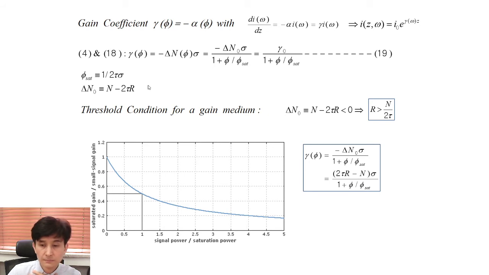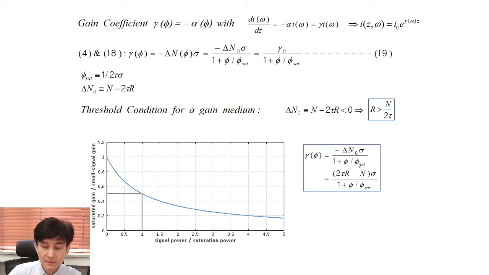So the actual gain coefficient gamma decreases with the increased amount of photon flux. That means if we increase photon flux or the power, the intensity, number of photons per centimeter square, or watt per centimeter square, the absorption coefficient is decreased or saturated by this saturation factor phi sat.